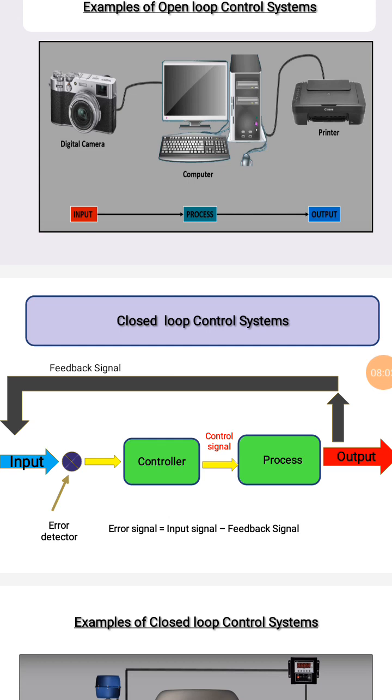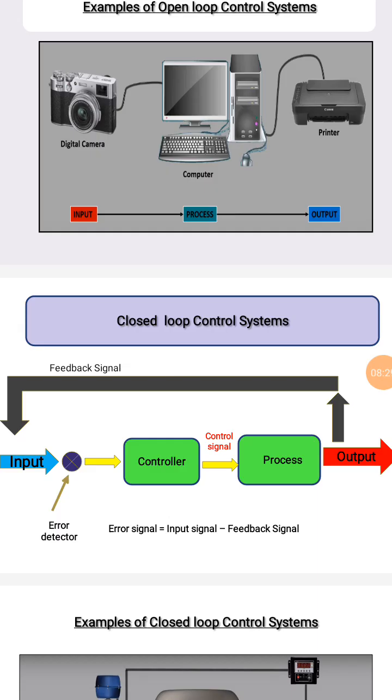The error detector helps to generate the error signal, which is the mismatch of the signals. It calculates the error signal by taking the input signal and the feedback, comparing them, and producing the error signal.